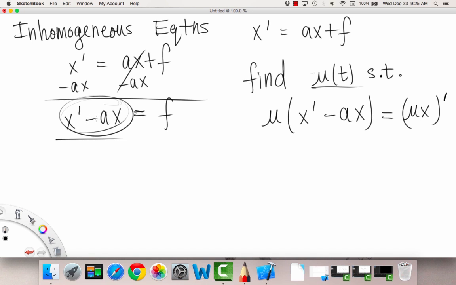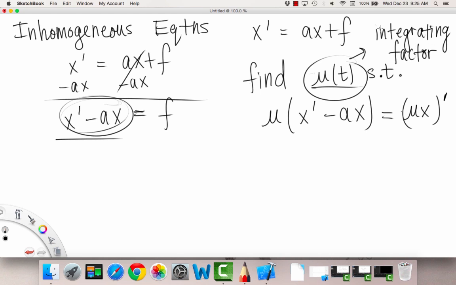With respect to t. So our aim is to get what is called an integrating factor. Here's some terminology: this is called our integrating or integration factor. It's a tool that allows us to integrate more easily or more smoothly.